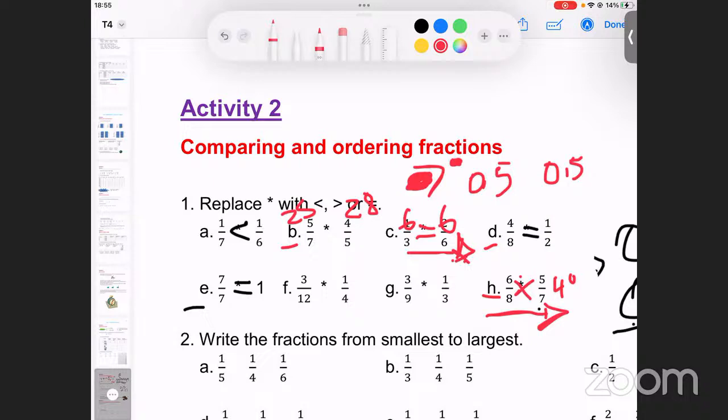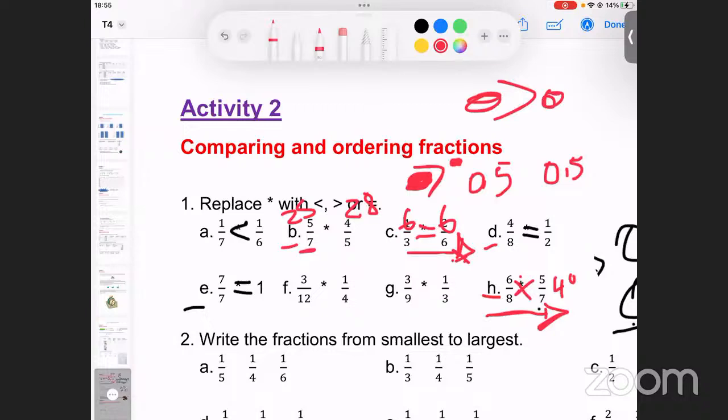I said that's not how you say it. You have to start with 5/7. So you're going to say 5/7 is less than or greater than or equal to 4/5, not 4/5 is less than or greater than or equal to 5/7. You start with 5/7. So which one is going to be on this side and which one is going to be on the pointy side?